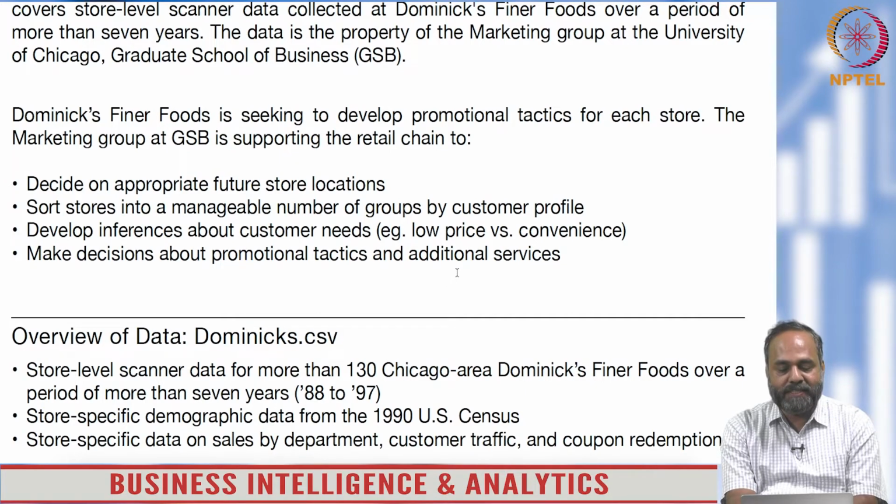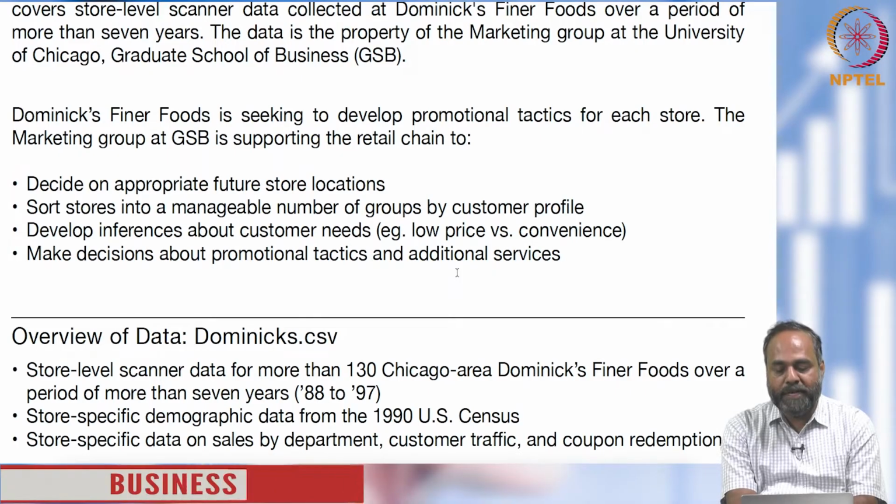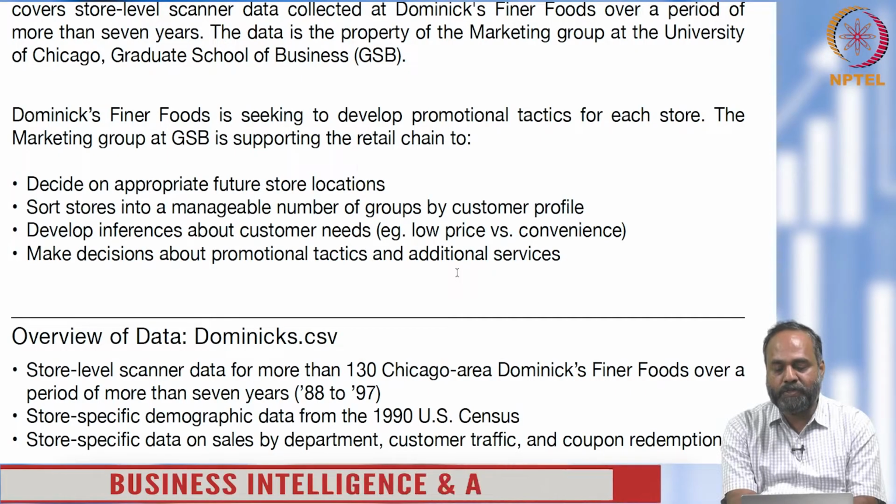The second objective is to sort stores into a manageable number of groups by customer profile. Third is to develop inferences about customer needs, for example low price versus convenience, and make decisions about promotional tactics and additional services.